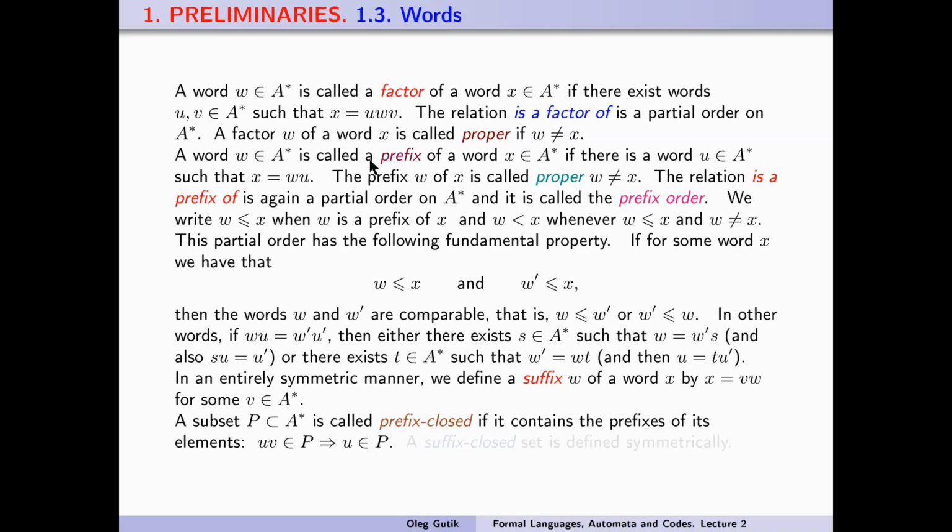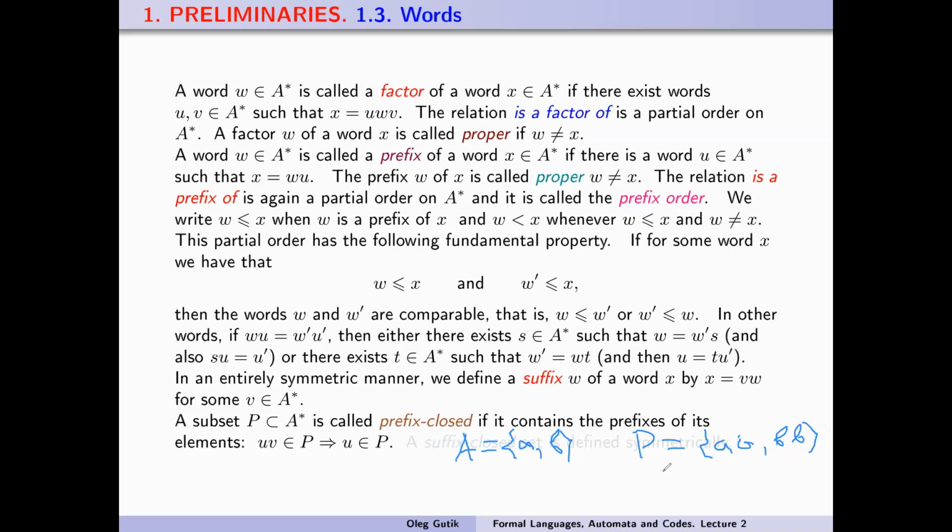For example, what is a prefix closed set? Consider the following set. We have an alphabet consisting of two elements, a and b, and we put P equal to a, bb.